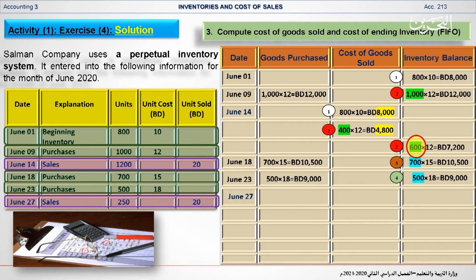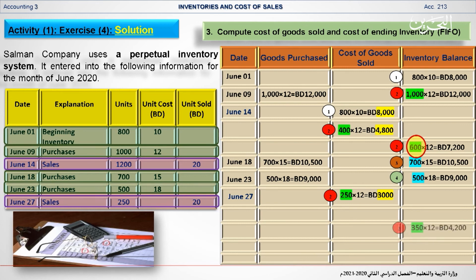Remember that there are 600 units remaining from inventory purchased on 9th of June. So the company is going to use it according to FIFO method. So the cost of goods sold will be calculated by multiplying 250 by 12, which equals 3,000 BD.